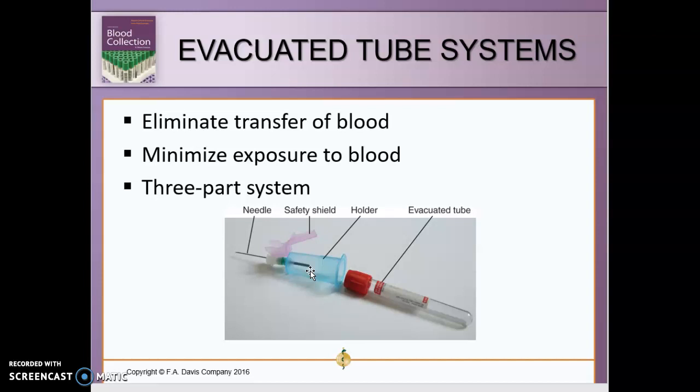The ETS seems to be the most economical and safest method for performing a routine venipuncture. The stopper puncture needle should be completely pierced into the evacuated tube after the vein is entered. So we enter the vein first, then we get that flashback, and then we push this tube up on that other needle and the blood starts coming in.